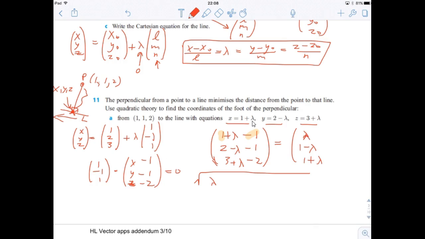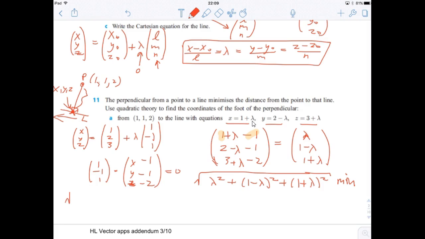I can figure out the length of this P to the foot vector, and it would be lambda squared plus 1 minus lambda squared plus 1 plus lambda squared. Basically, I want to minimize this distance, because I'm trying to find where the foot is.